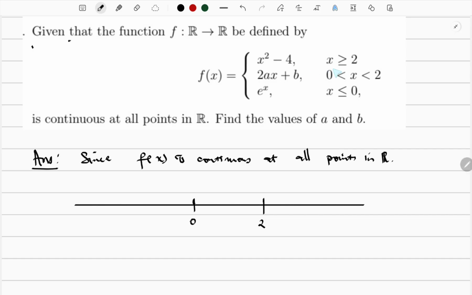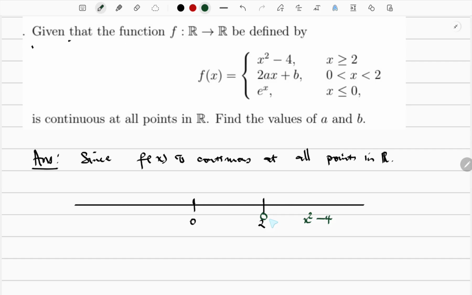We have for x greater than or equal to 2, our function is x squared minus 4.